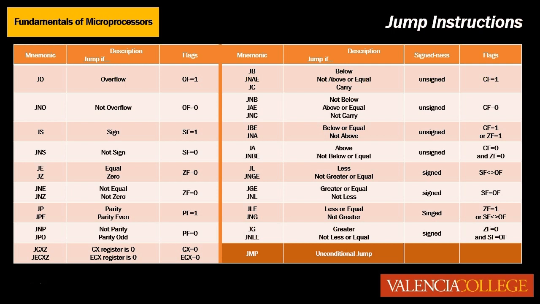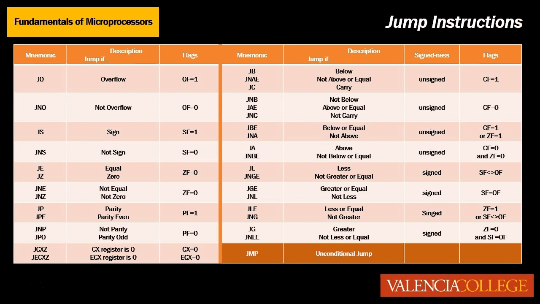It is important to understand that data load instructions, such as move, do not modify the flags. All of the jump instructions are considered to be conditional, meaning that they are only executed if a certain condition is met, except one.